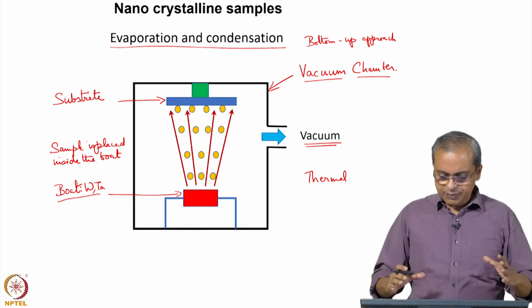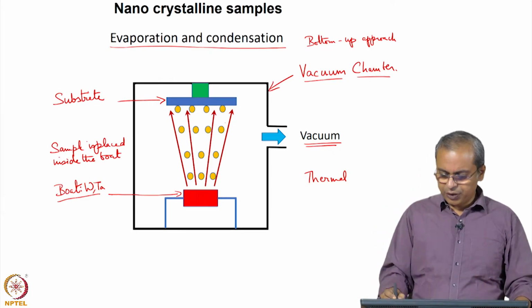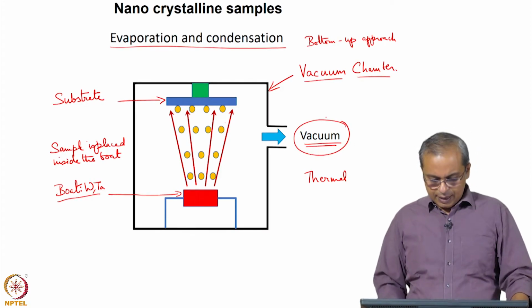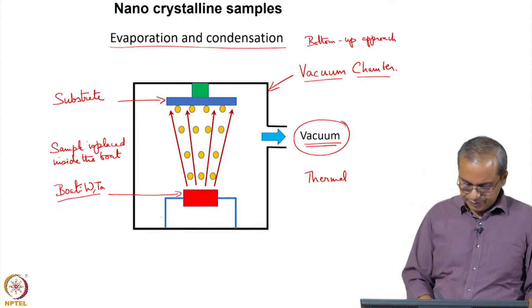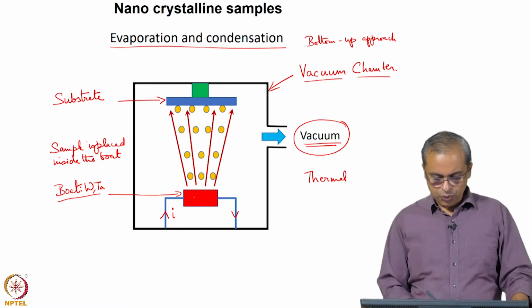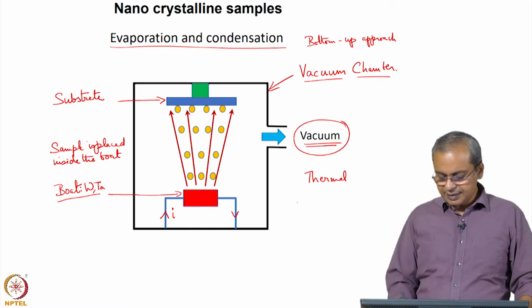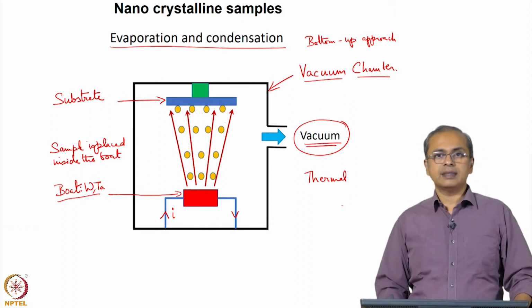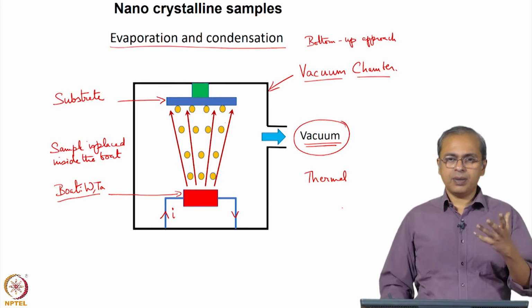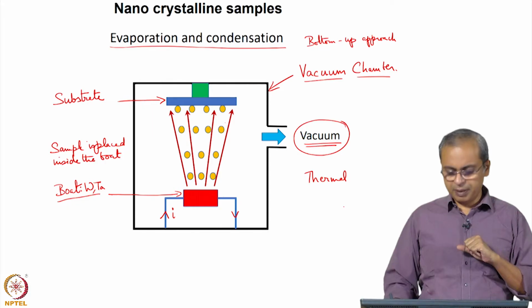What we do is draw vacuum here, so the chamber gets evacuated, and then you can send current which goes through this boat. This boat is a high resistance boat, tungsten and tantalum have high resistance, so I squared R heating will happen and you will have a considerable amount of heating.